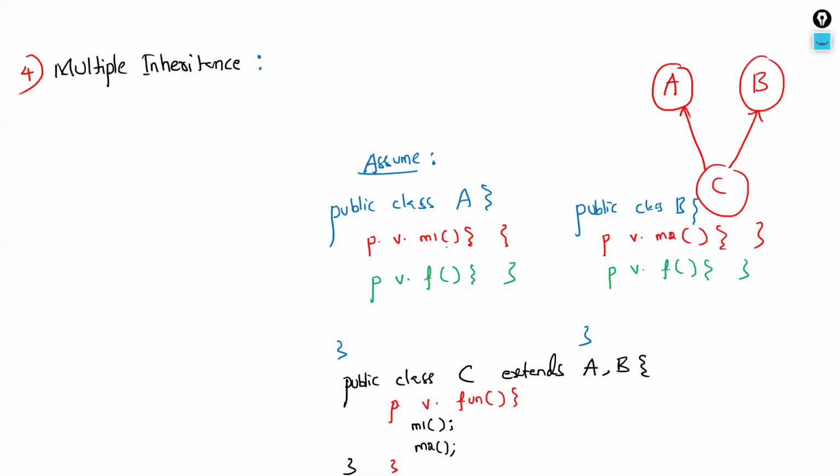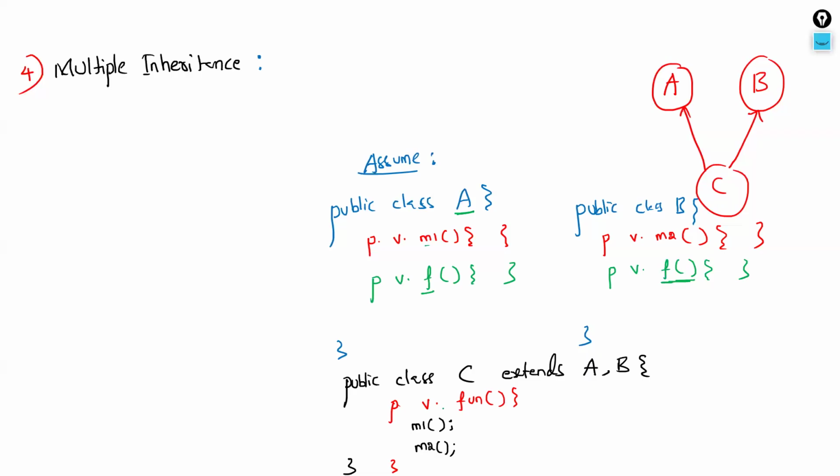So with different names, it looks like, okay, why doesn't Java support multiple inheritance? It looks like there is no logic in not supporting. But now the possibility is that class A can have a method called f with no parameters. Possible or not possible? It's a separate class. Then B is also an independent class only. In this B class also, we have a method named f and also the same inputs, no inputs.